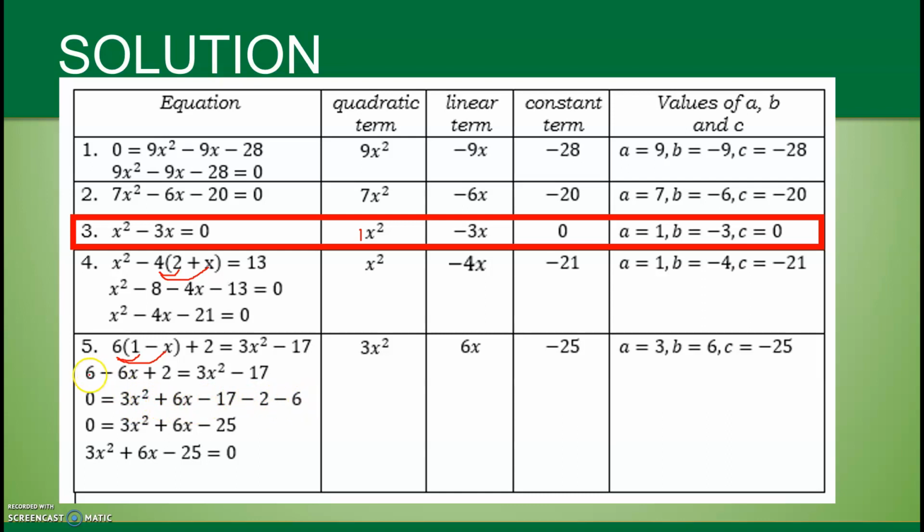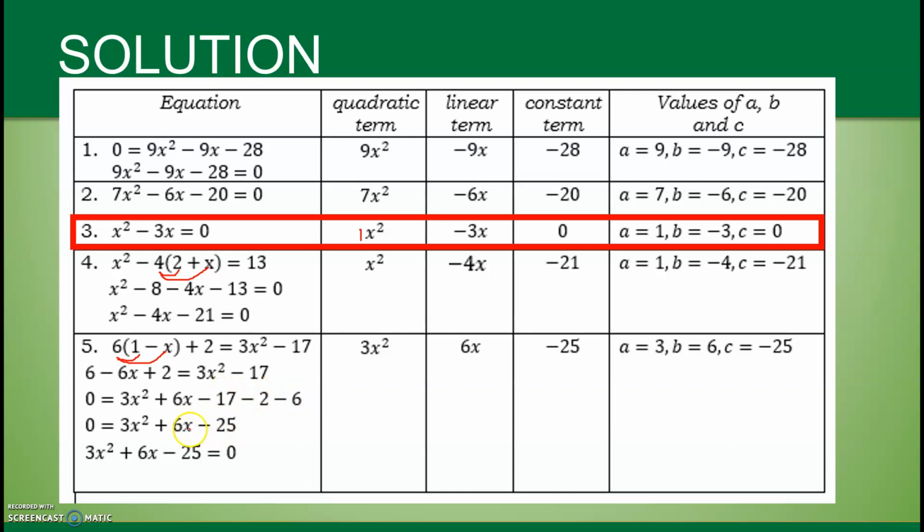So what happened is the positive 6 becomes negative, and then also the positive 2 becomes negative. So next is we combine the like terms. If you notice, the numbers here are all negative. So if we combine negatives, we only copy the sign and then add them together. 17 plus 2 plus 6, that's 25.